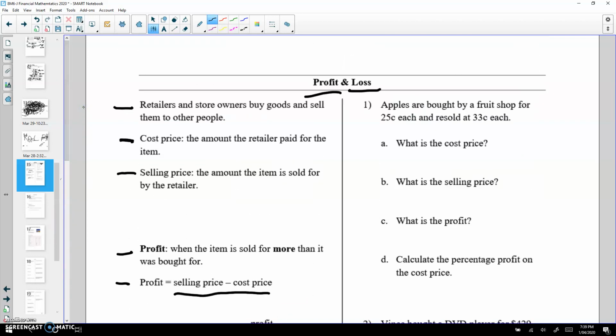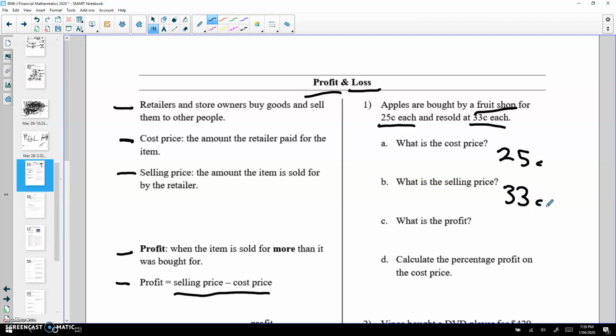So here's a fruit shop. Apples are bought by a fruit shop for 25 cents each and resold at 33 cents each. So what's the cost price? How much did the fruit shop buy them for? Well, it was 25 cents. Now they sold them, what is the selling price? 33 cents.